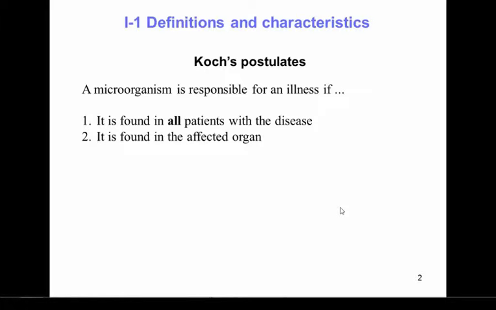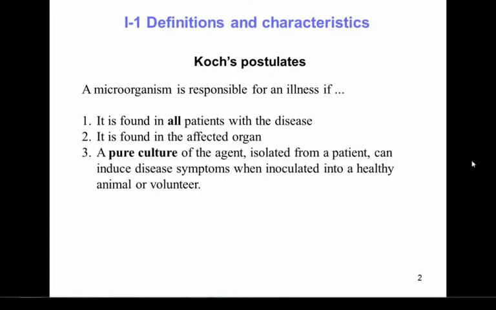And you do that by performing, just like in any kind of scientific domain, a controlled experiment. Now, in order to do that, first, you have to get a pure culture of the agent. Okay, you have to get a sample from the sick person, spread it out on an agar plate, pick an isolated colony, get a pure culture.